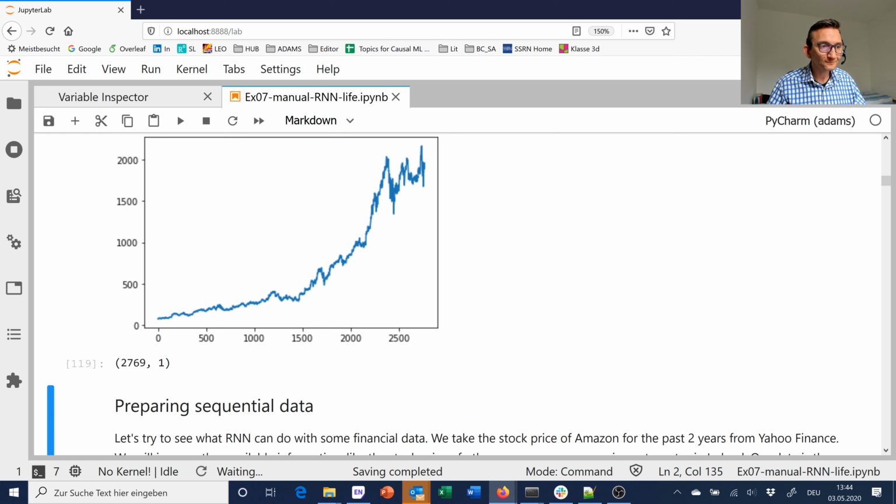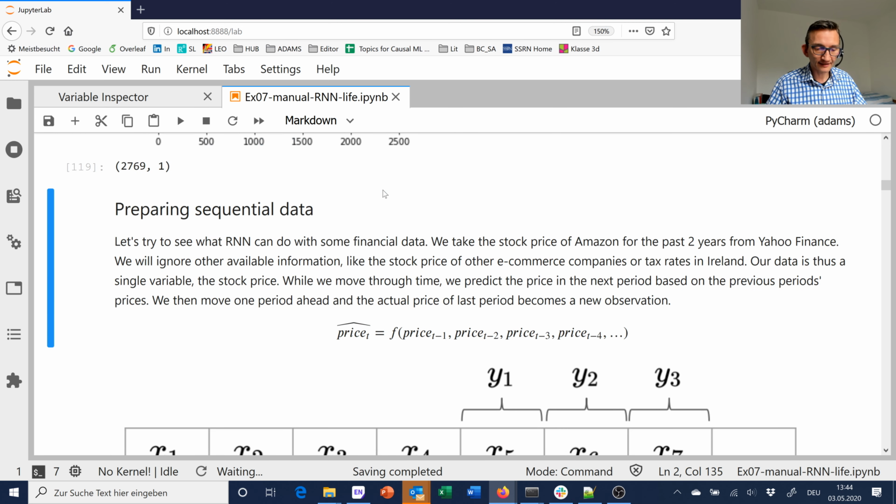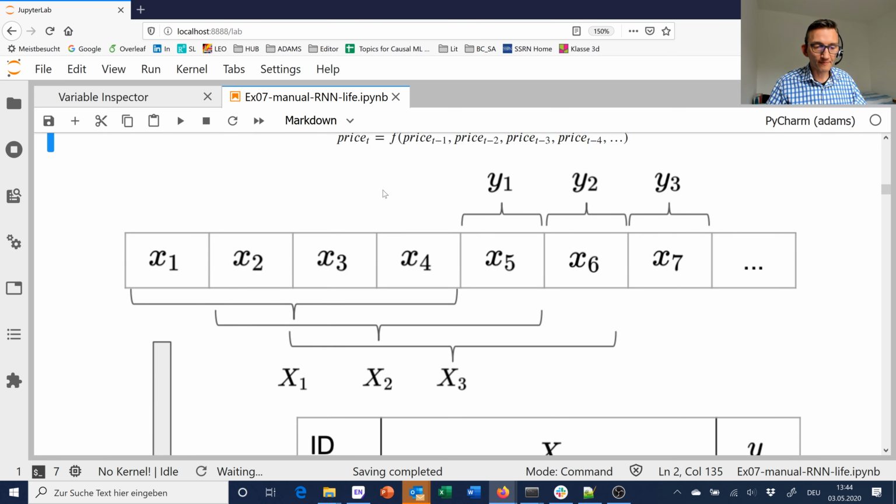So, all right, let's get the data stationary by shifting it. And once we've done that, I want to remind you that we will need to set up our data in such a way that we have target labels.